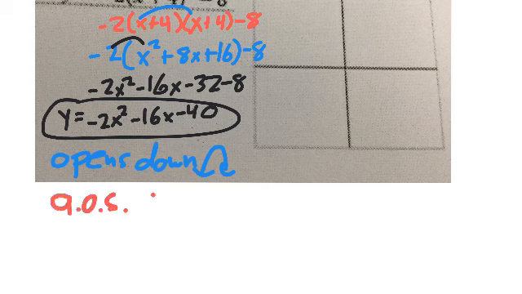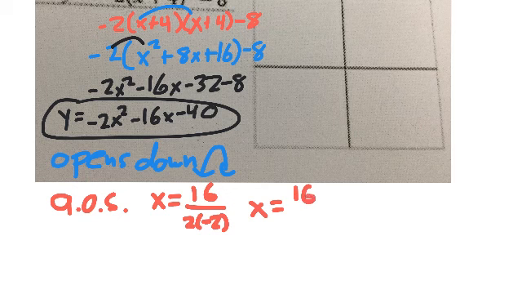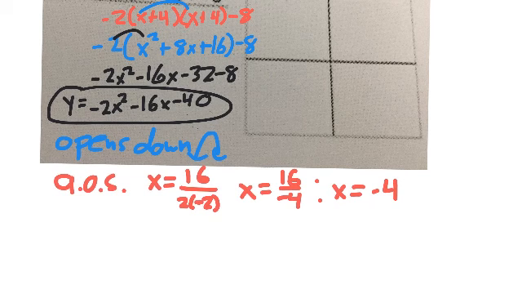The axis of symmetry occurs at x equals negative b over 2a. So that'd be 16 over 2 times a. So that's going to be x equals 16 over negative 4, which tells me it's at x equals negative 4. Which again, we could tell from the original because this was a plus 4. That means it shifted to the left 4.